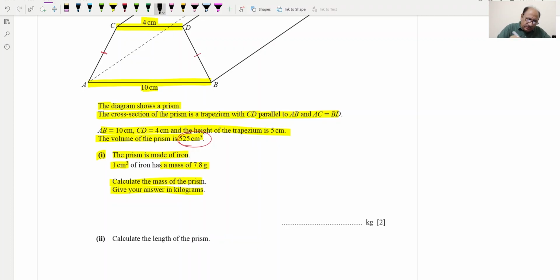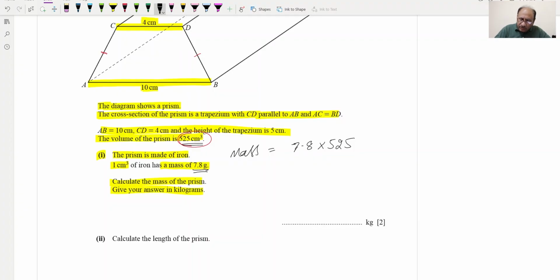So 1 centimeter cube of iron is 7.8. So mass of the prism will be equal to 7.8 multiplied by 525. Because 1 centimeter cube is 7.8, 525 centimeter cube will be multiplied by this.